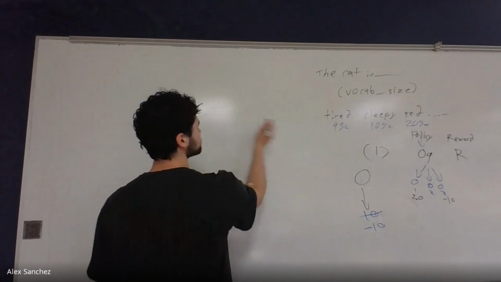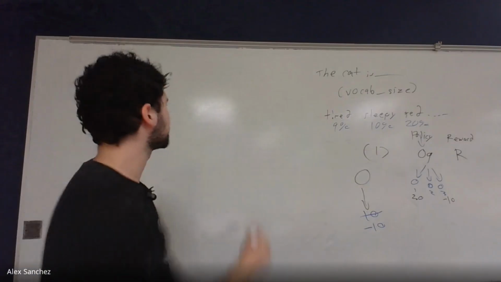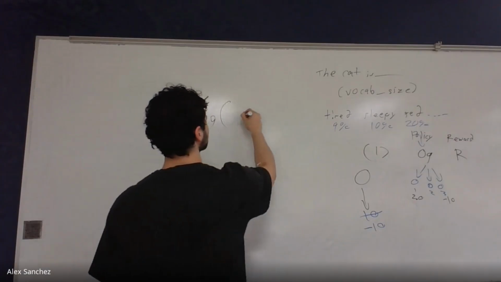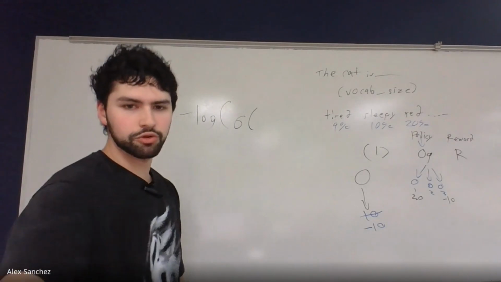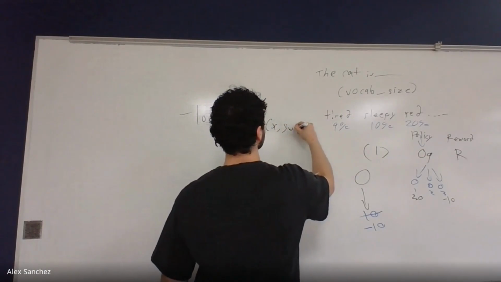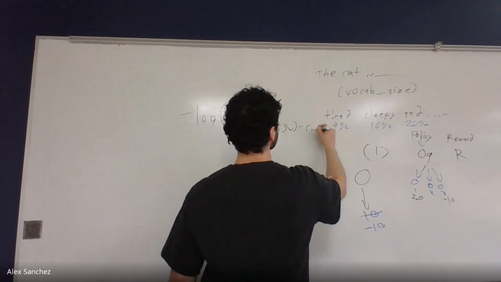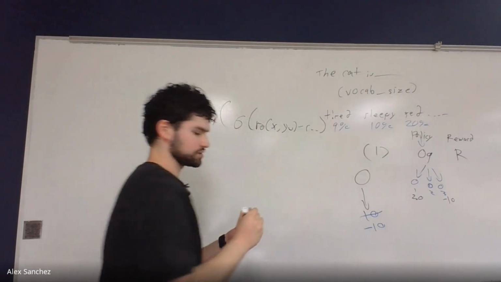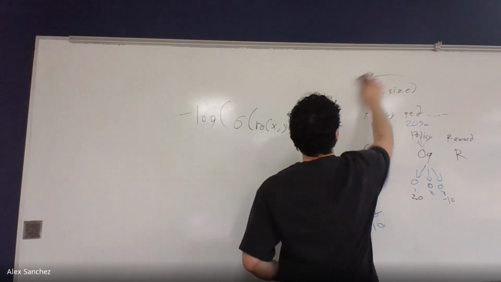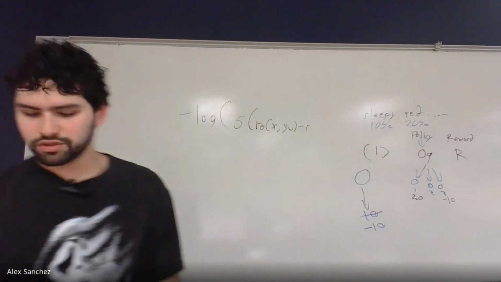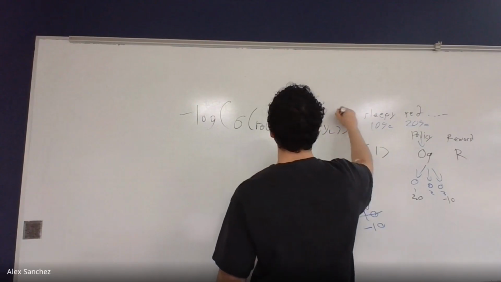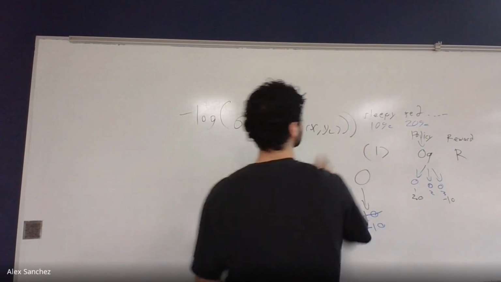So we have a negative. Forget about all of this right here. Let's just focus on the negative log of the sigmoid of r(x, y_w) minus the same thing. Let me erase that. Give me 1 second. So minus r(x, y_l), 2 parentheses, 3 parentheses.